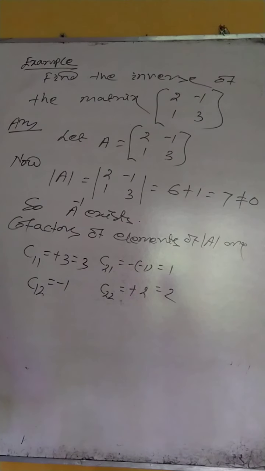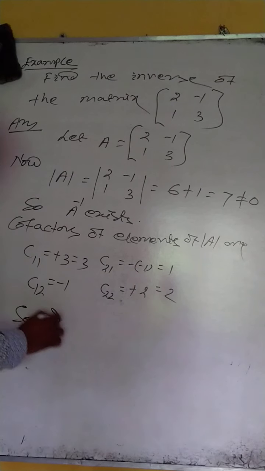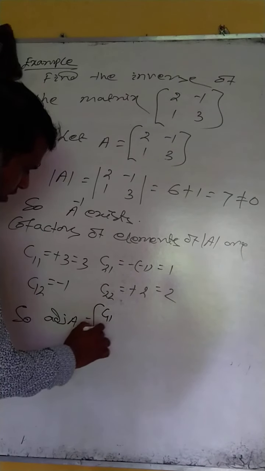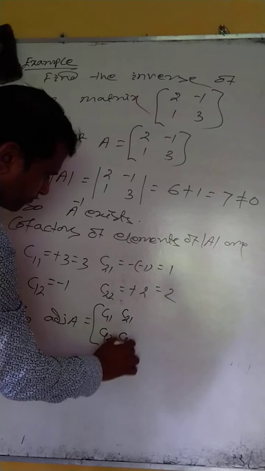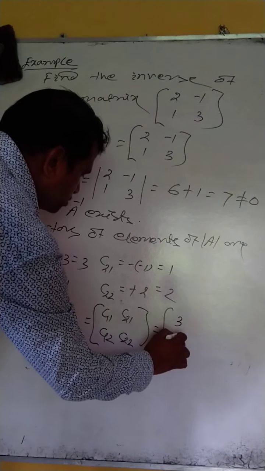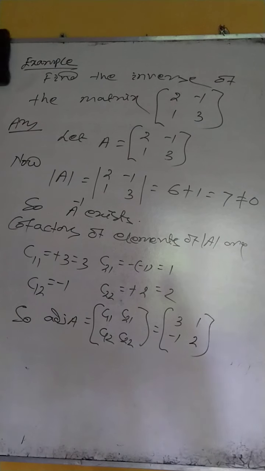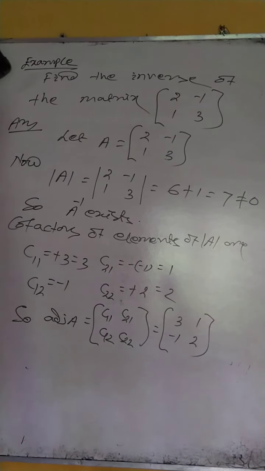Okay, so the adjoint of A equals the matrix of C11 C12 C21 C22, which is 3 minus 1, 1 2. Taking the transpose, row wise, we get 3 1, minus 1 2.